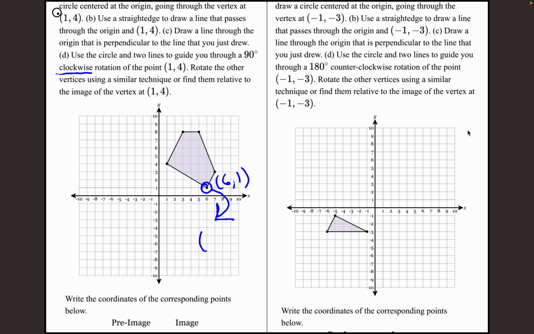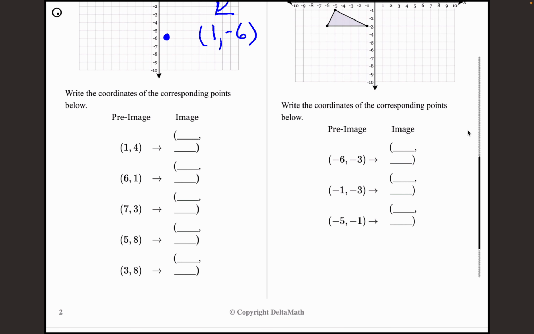What's the same as 90 degrees clockwise? 270 counterclockwise. So we should get 1, negative 6. So this point is going to be right here. So on here, you would need to find each of the points. Does that make sense? So you're going to do 270 counterclockwise for each of these.